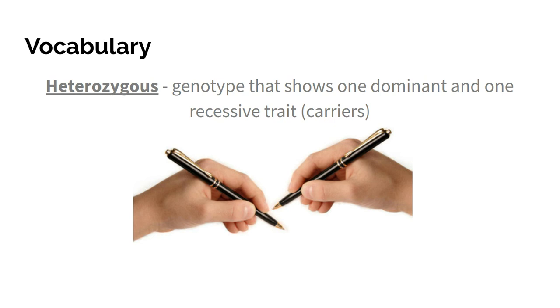If they are heterozygous, okay, it's a combination of one dominant and one recessive. So again, think of root words. Homo means same. Okay, we saw that with homogeneous in grade 9 when we talked about homogeneous mixtures. Okay, hetero means different. Okay, so heterozygous means two different alleles being found in the genotype.